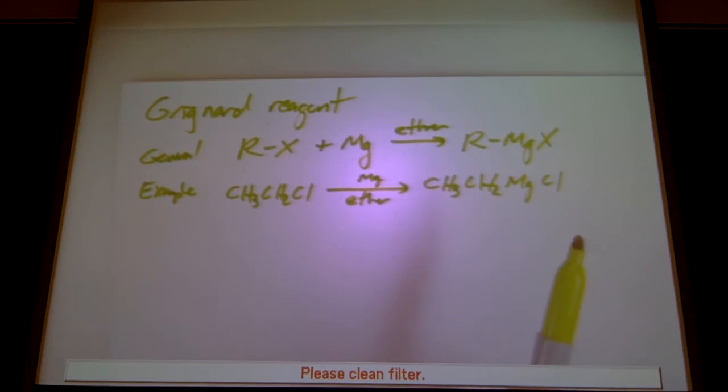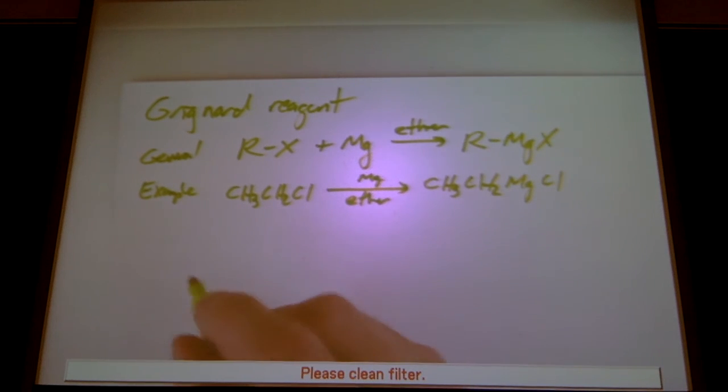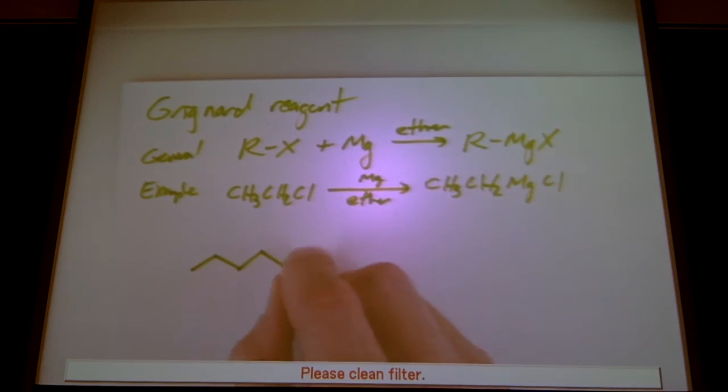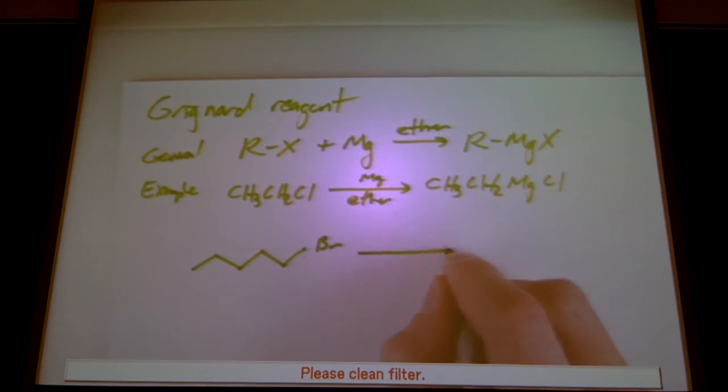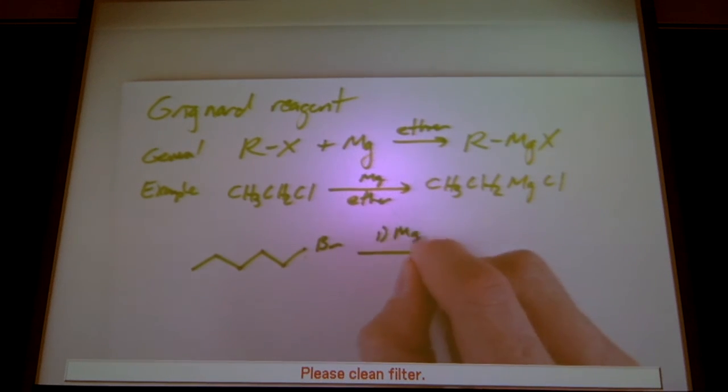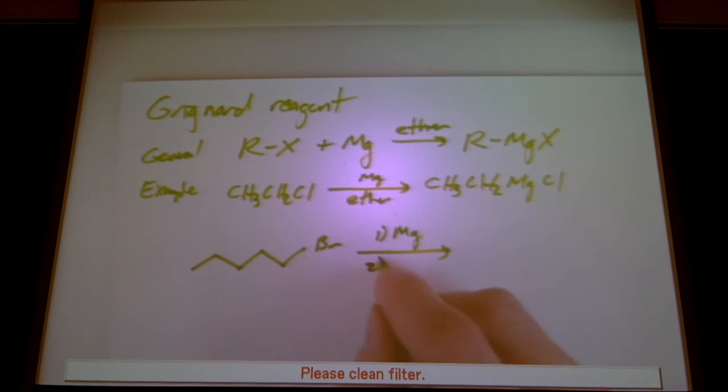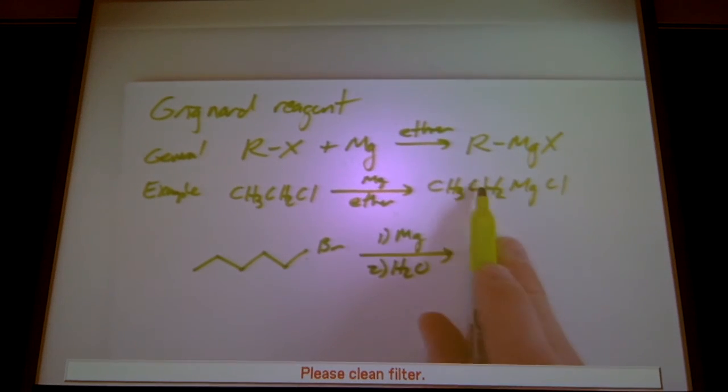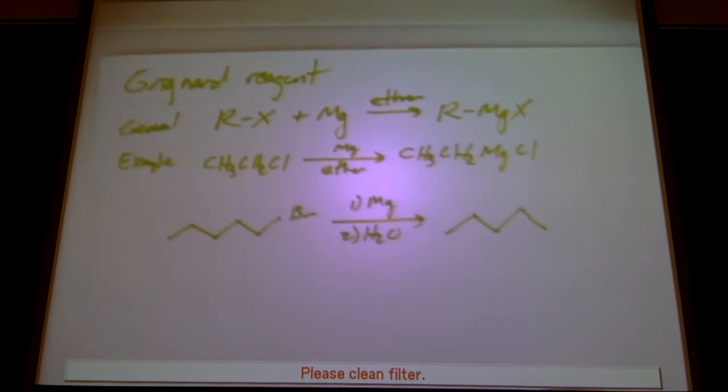The halogen may be removed from the alkyl halide by first converting to the Grignard reagent, followed by addition of water or an acid. So you can use Mg to make your Grignard reagent, then H2O, and that minus charge is just going to take a proton from your water, and so you end up with your alkane.